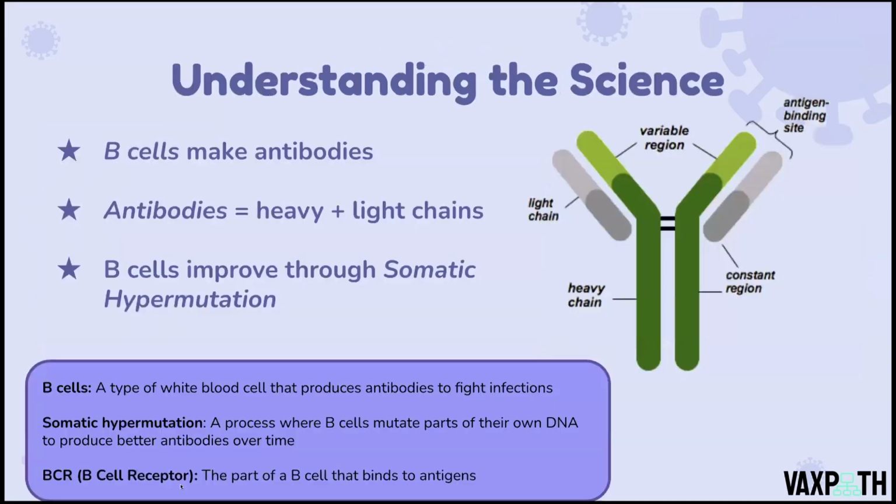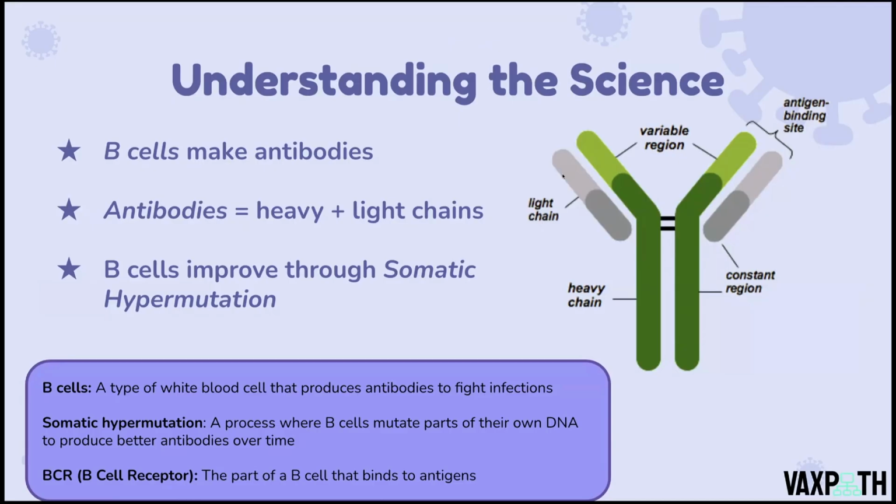Okay, so now that you've seen what kind of challenge researchers face, I quickly want to talk about the science behind our project so that everything makes more sense as we move forward. So, when your body detects a virus, it activates your B cells, which is a type of white blood cell that produces antibodies. And as you can see on the right, this is what an antibody looks like. These antibodies are proteins made up of two chains, a heavy chain and a light chain.